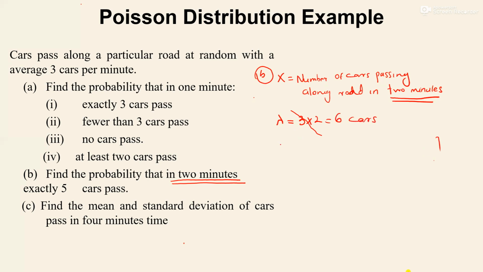So now we have to calculate the probability of exactly 5 in 2 minutes time. So probability of X equals 5 is e to the power minus lambda, here lambda is 6, minus 6, 6 to the power 5 divided by 5 factorial.